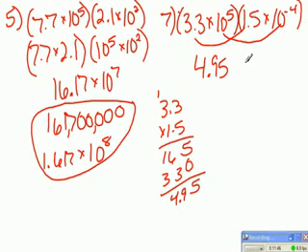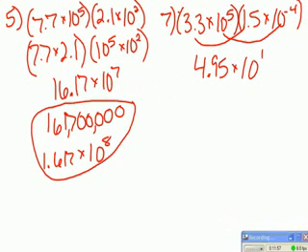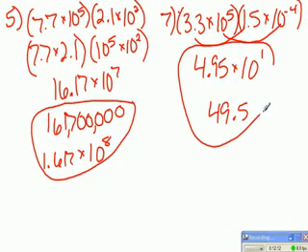Then 10 to the 5th times 10 to the negative 4th is 10 to the 5 plus negative 4, which is 1. And since 4.95 is between 1 and 10, that's already in scientific. Standard means I move this one place to the right. So I would have 49.5 as my actual answer. Both of those are my answers.